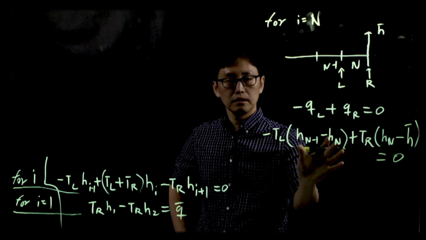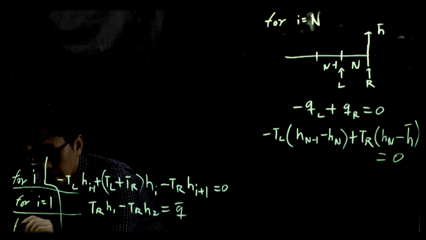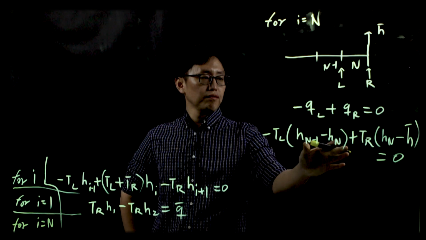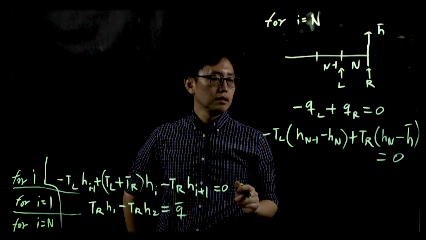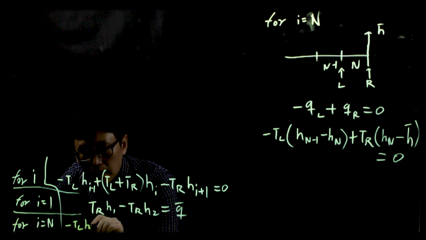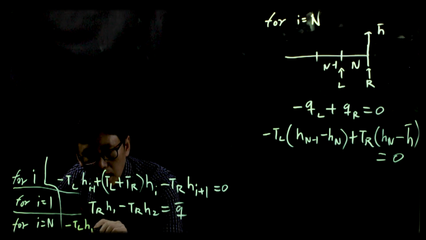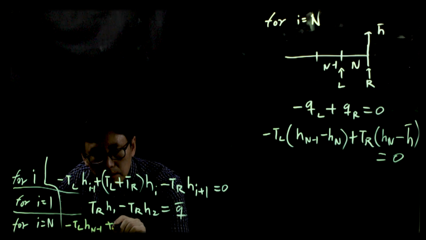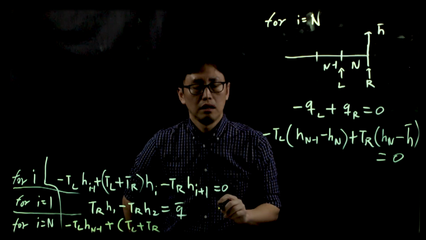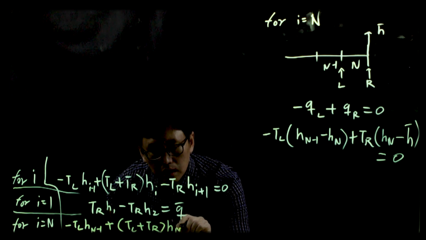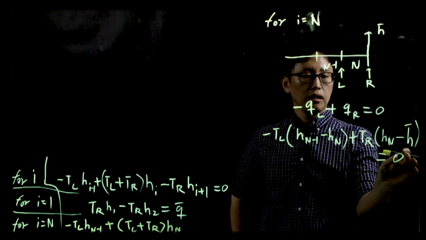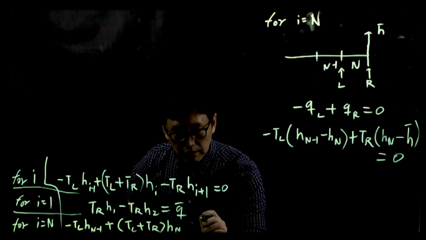So we can rewrite this equation for cell n. If we fully rewrite this again, then we have minus TL times h n minus 1 plus (TL plus TR) times h n, and this term is constant, so it will be moved to the right hand side.